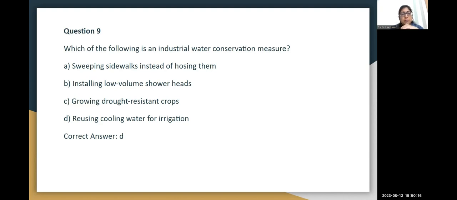Growing drought resistant crops is related to agriculture. So the only option that seems appropriate here is reusing cooling water for irrigation. Cooling water is the water used in factories and industries to absorb and remove heat. So using this water for irrigation can be an industrial water conservation measure. So yes, option D seems right.